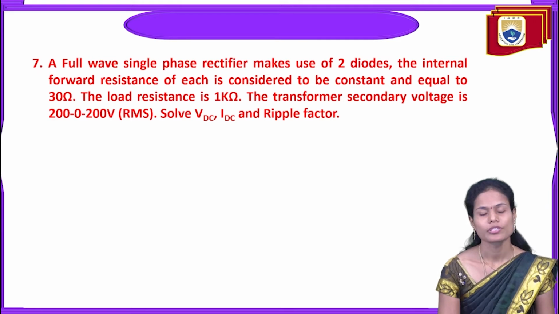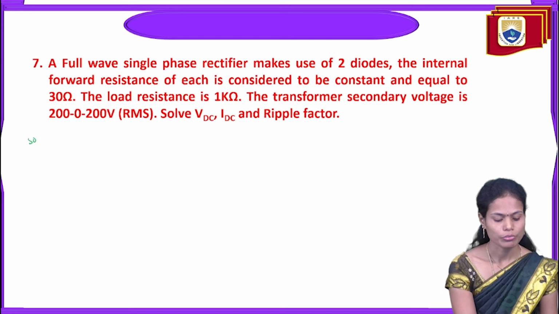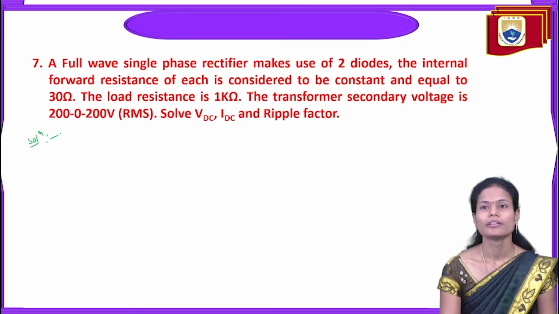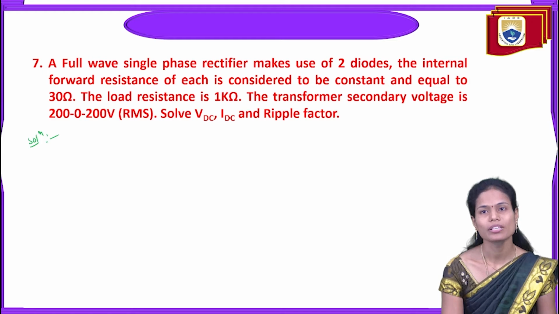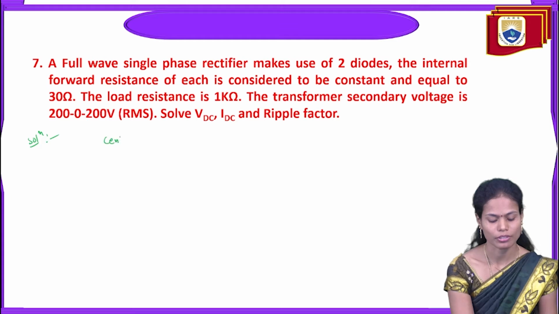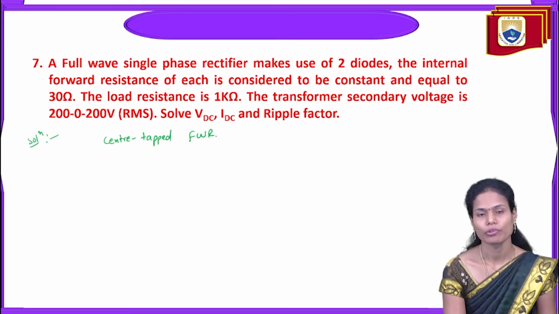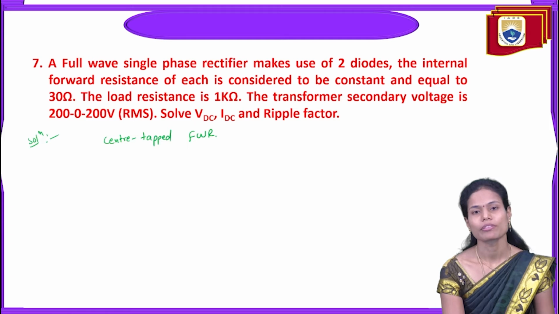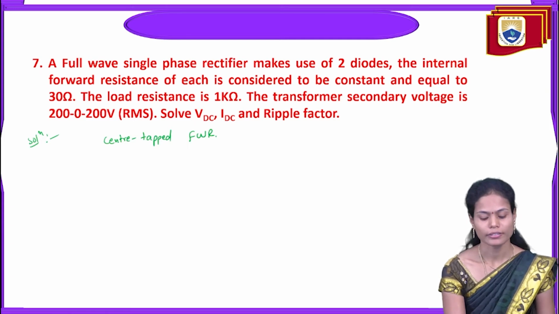And next, this problem also belongs to the rectifier application of the PN junction diode. Here it is the full wave single phase rectifier. It is a center tapped rectifier, not the bridge rectifier. In a center tapped full wave rectifier, we utilize only 2 diodes instead of 4 diodes, and the internal resistance of the diodes we take as constant, with a value of 30 ohms.